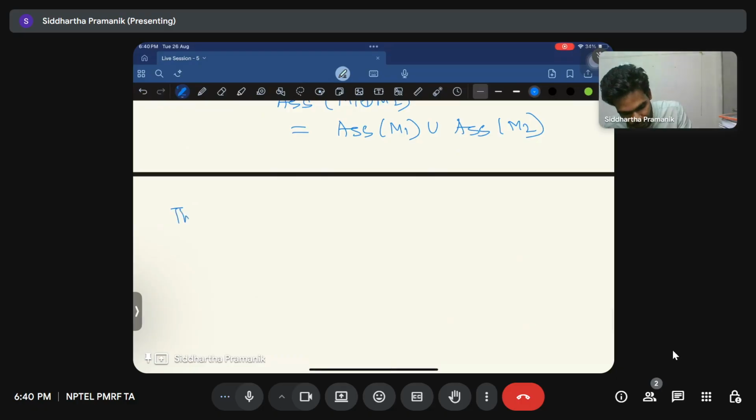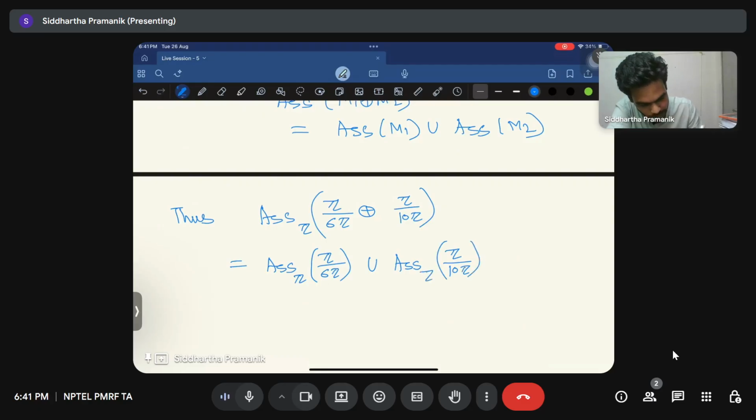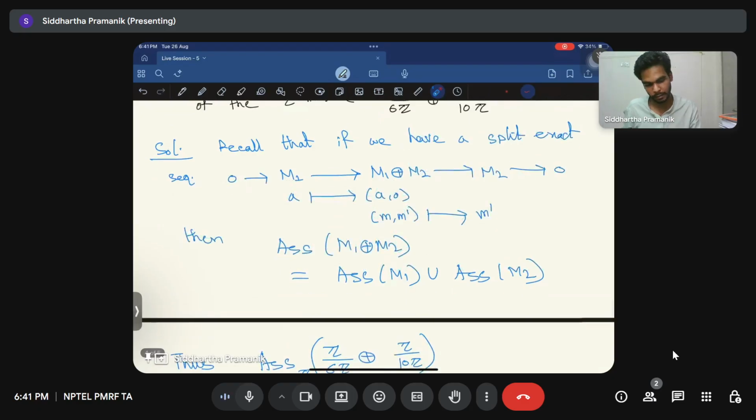Thus associated primes of Z mod 6Z direct sum Z mod 10Z over Z is basically the associated primes of Z mod 6Z over Z union the associated primes of Z mod 10Z over Z. This is by using the previous fact.